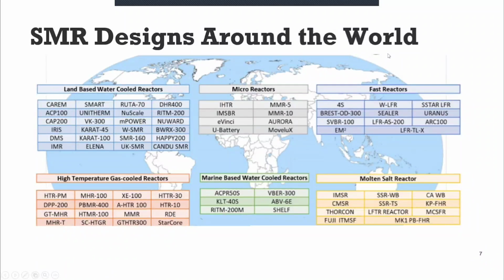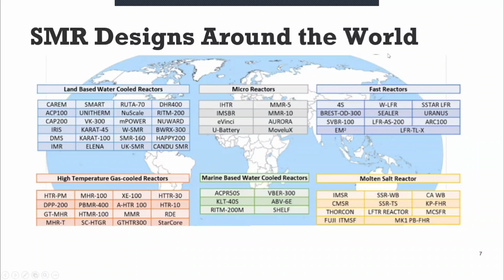As you can see in the depicted diagram, we have different small modular reactor designs around the world. As has been articulated by my colleague Chris, we have land-based water cooled reactors, marine-based water cooled reactors, molten salt reactors, high temperature gas cooled reactors, and also fuel and micro reactors.